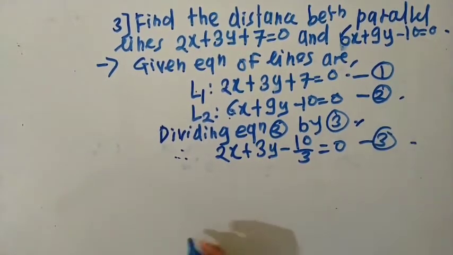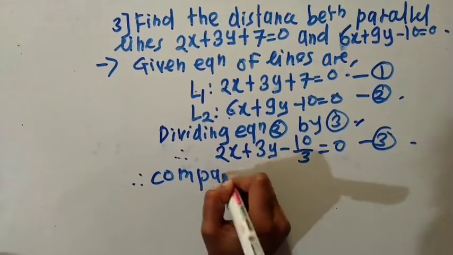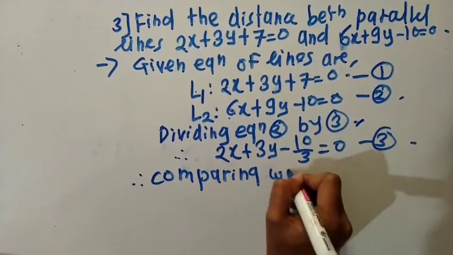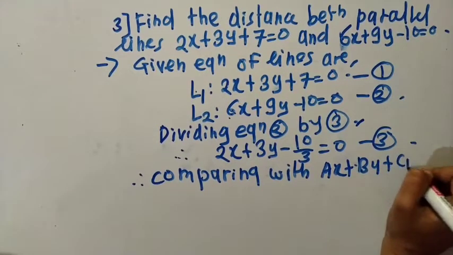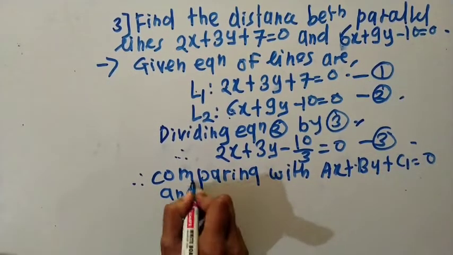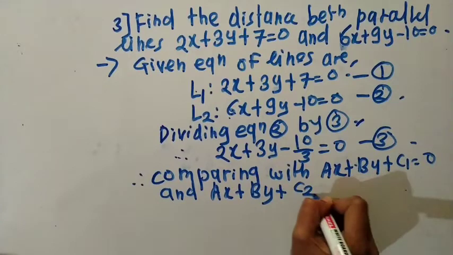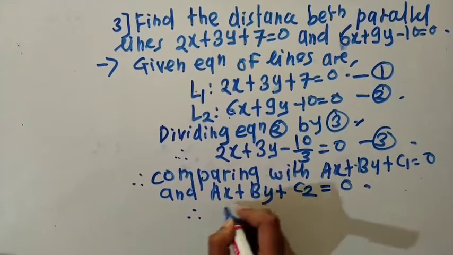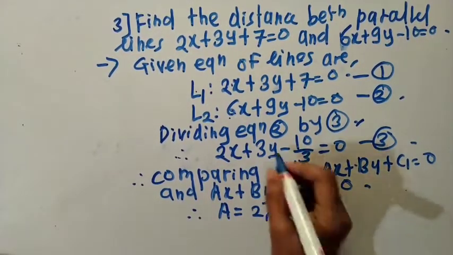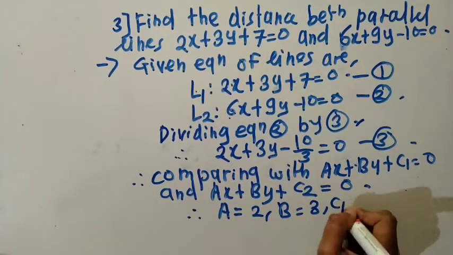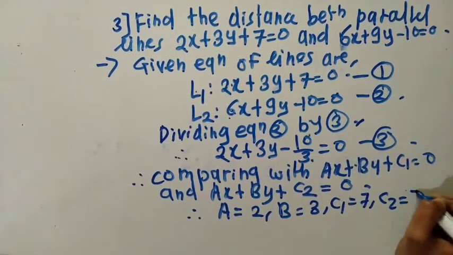This is the third equation, and comparing with ax + by + c1 = 0 and ax + by + c2 = 0, here a is equal to 2 and 2, the same, b is equal to 3 and 3, c1 is equal to 7 and c2 is equal to -10 upon 3.